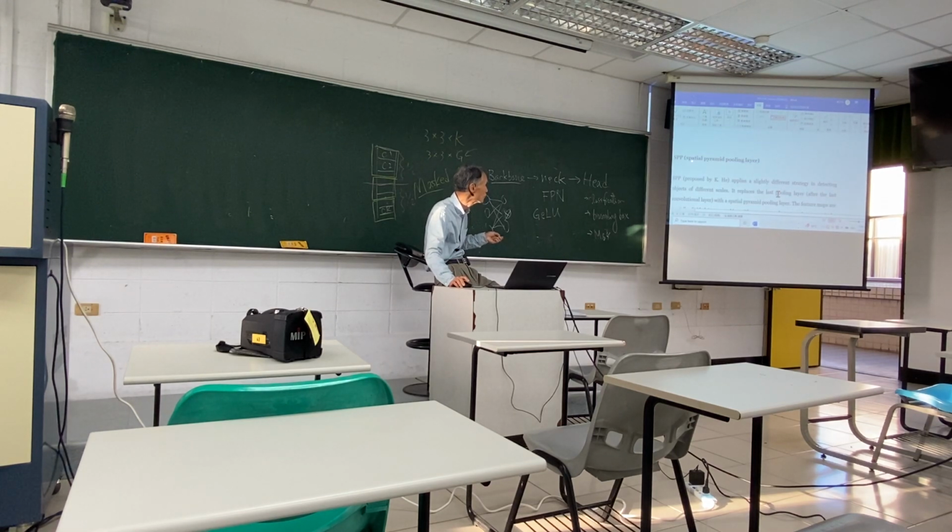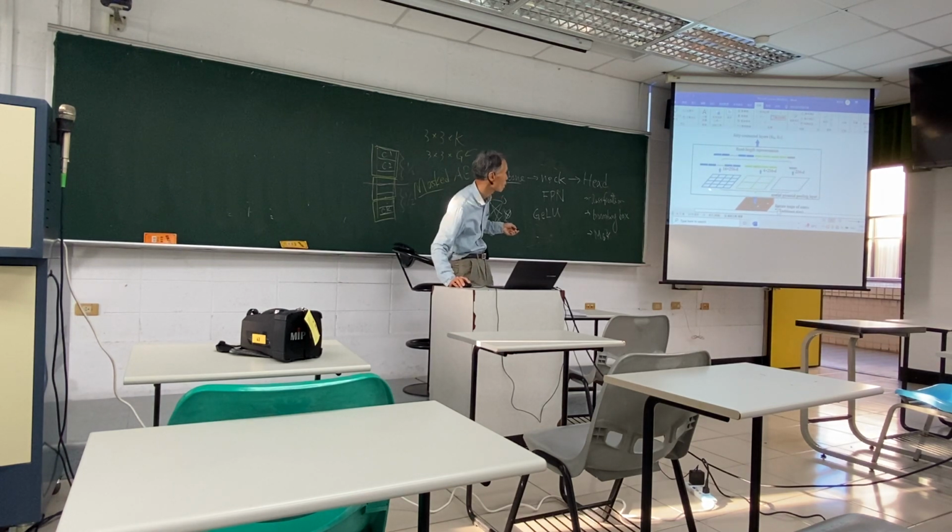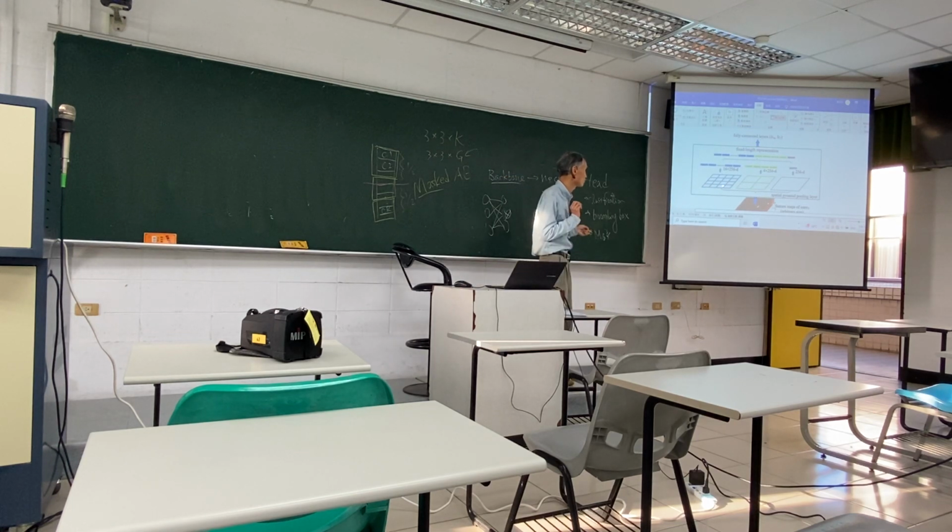It also proposed to use a so-called spatial pyramid pooling layer. Now, take a look here. This is the original feature map. It is divided into, for this case, 4 by 4, which will have 16 grids.